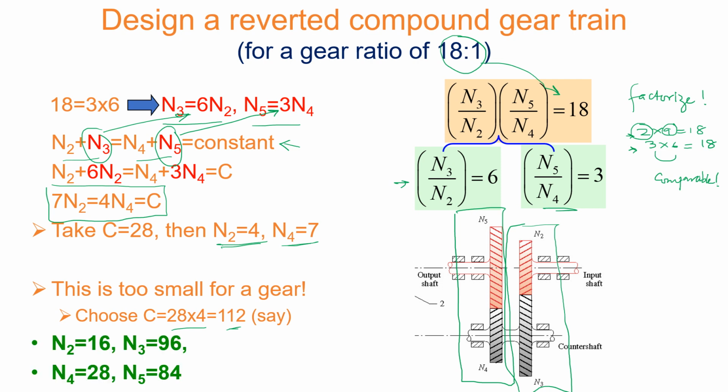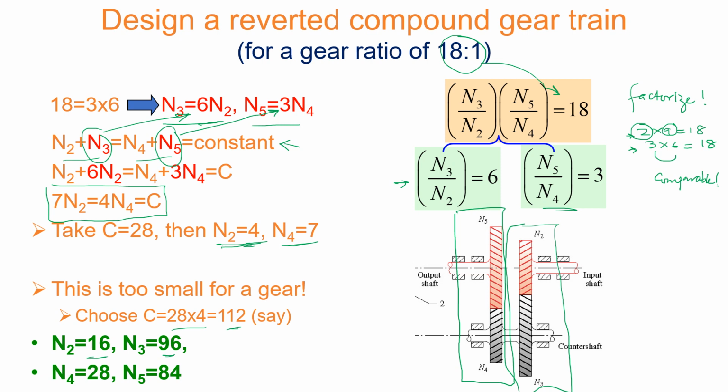If you opt for that, N2 turns out to be 4 times this 4, which is equal to 16, and N3 is going to be 6 times that, because it was previously indicated that N3 is 6 times N2. 6 into 16 is going to be 96.